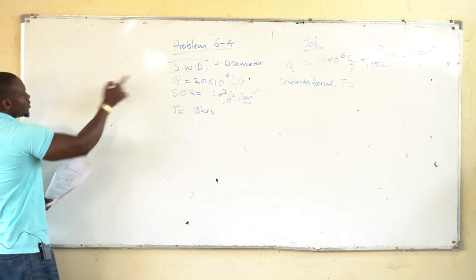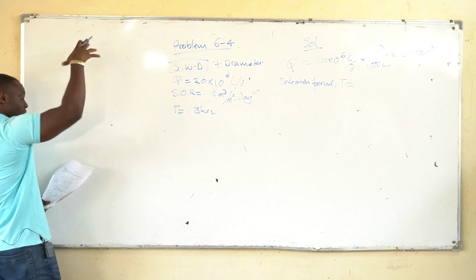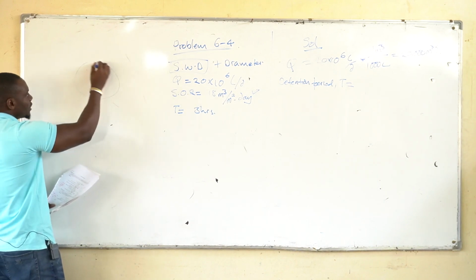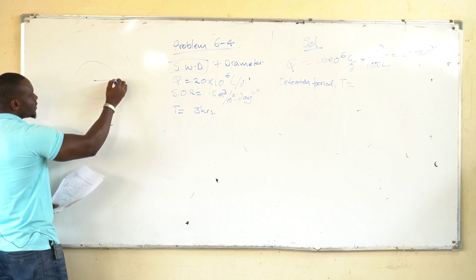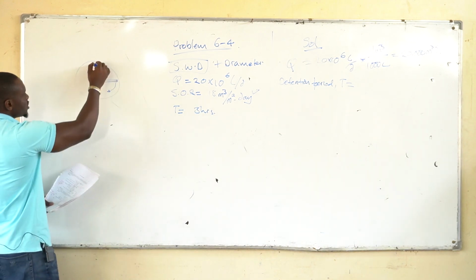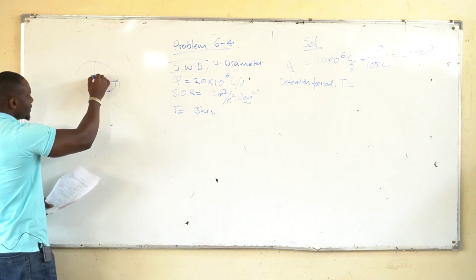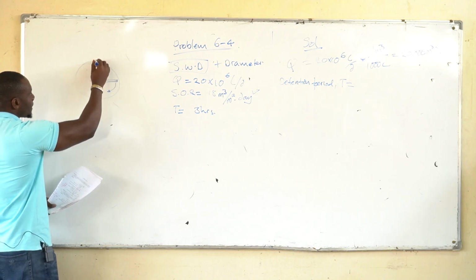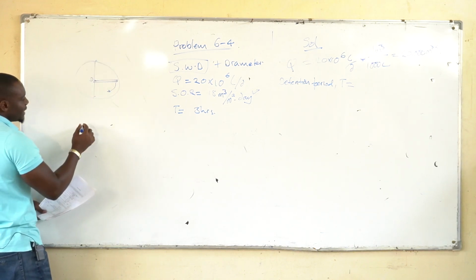Okay? So essentially what you're dealing with is, from the top, a clarifier will look something like that. And then it's got that thing that just moves and sweeps. So what they're asking you is, first of all, find the diameter of this. Okay? This is from the plan.